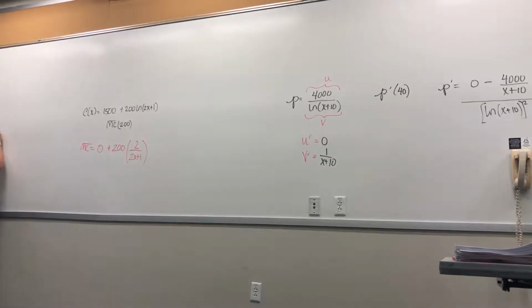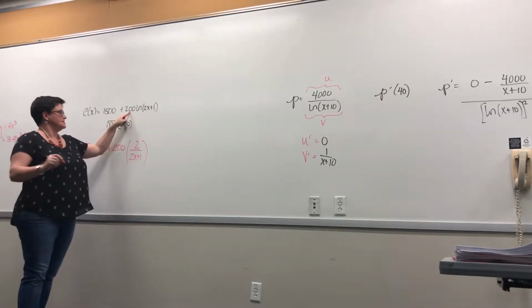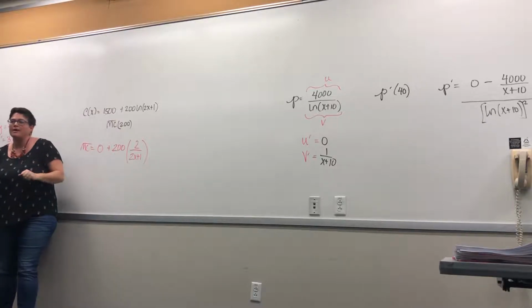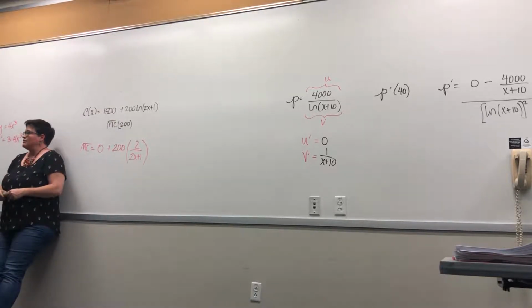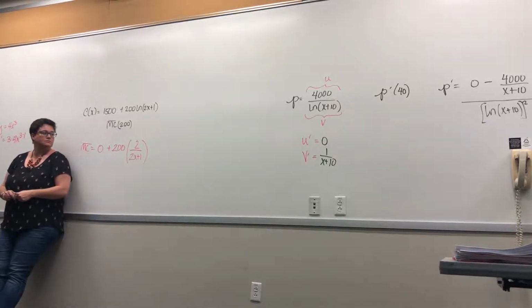Let me write that down. If y equals 4x cubed, y prime is 12x squared. Let me ask you again, did the 4 go away? No, it went along for the ride, right? It's not really 12x squared so much as it is 3 times 4, x to the 3 minus 1. The 4 drops down, it comes along for the ride. Well, guess what? So does this. 200 is gonna come along for the ride. So far, so good, guys? So then what do you do?